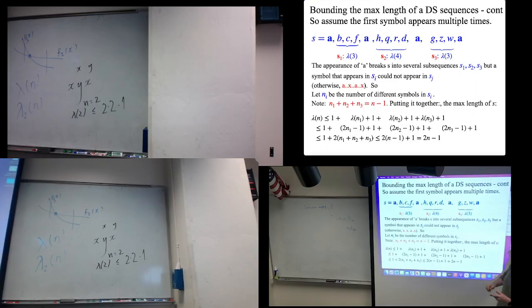But could I have C here and C appears here as well? No, because if I have C here and C here, then I have A, C, which we forbid.